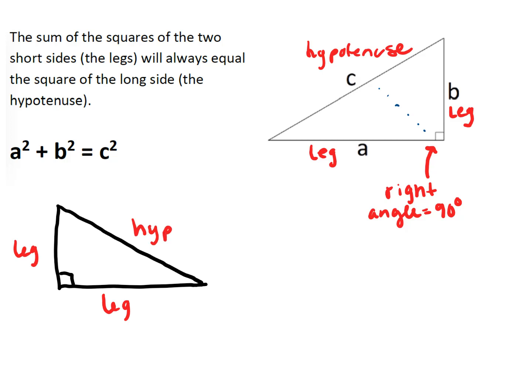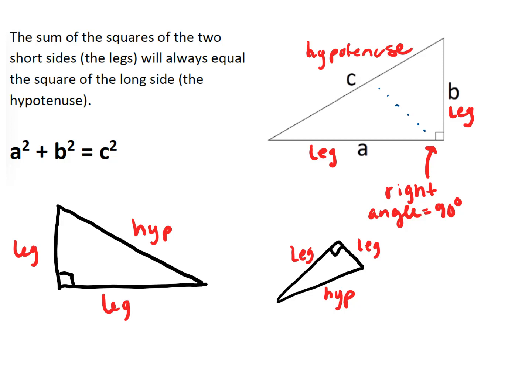And if I were to draw a different one, for instance, let's make one that looks like that, in that triangle these two short sides would be called the legs that make up the 90-degree angle, and then directly across from the 90-degree angle is called the hypotenuse.